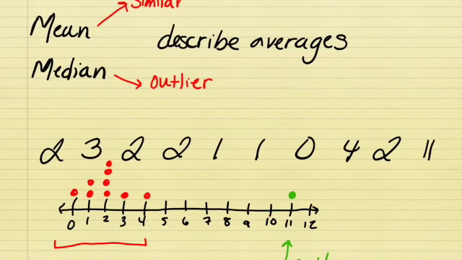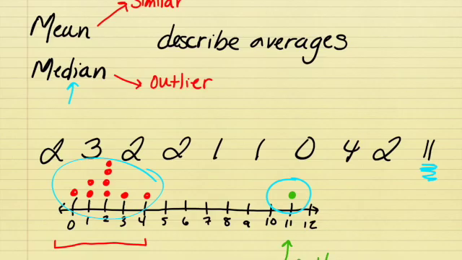And if we were to find the mean, if we were to add all of these numbers up plus 11, our total is going to be much higher than it was before. So that's why we say, if you want to find a central or average number and you have an outlier, use the median, because when you're lining them up, it doesn't have as big an effect as when you're adding them all together.